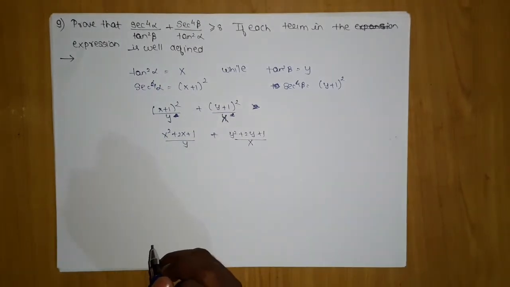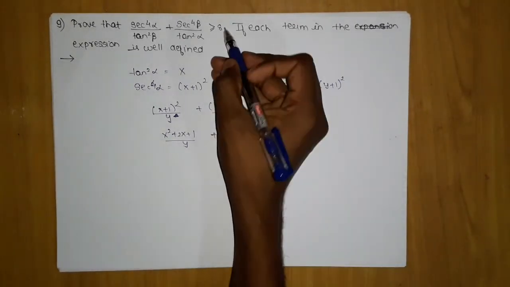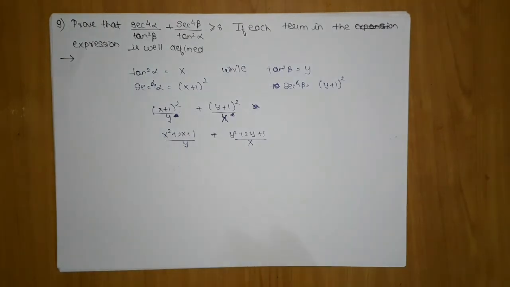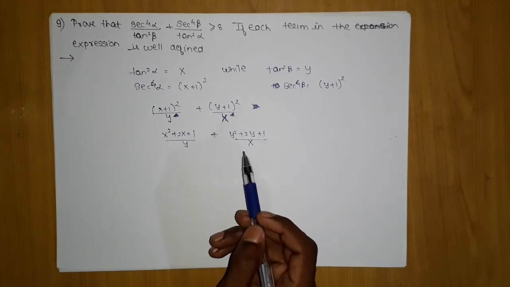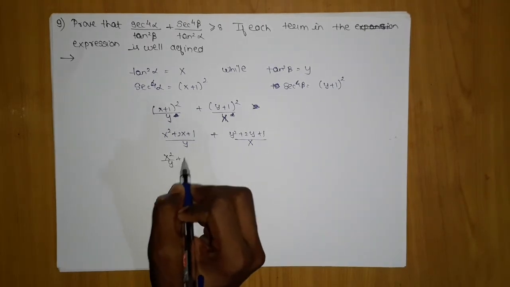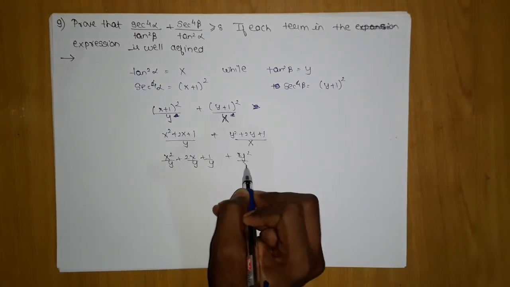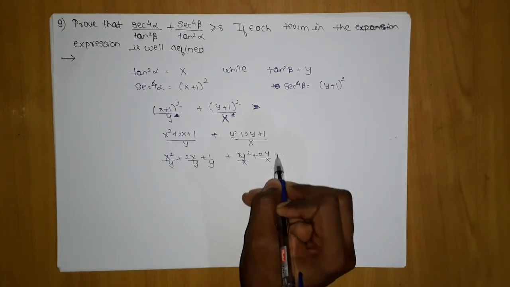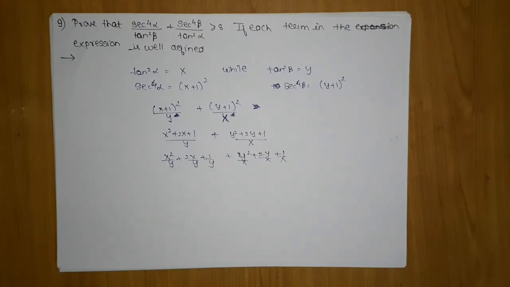Now we will apply AM-GM, but let's see how we will create it. The only possible way is by considering 8 terms, with 3 here and 3 here, so 6 terms are considerable. We try to break them: x square by y, 2x by y, 1 by y, y square by x, 2y by x, and 1 by x.